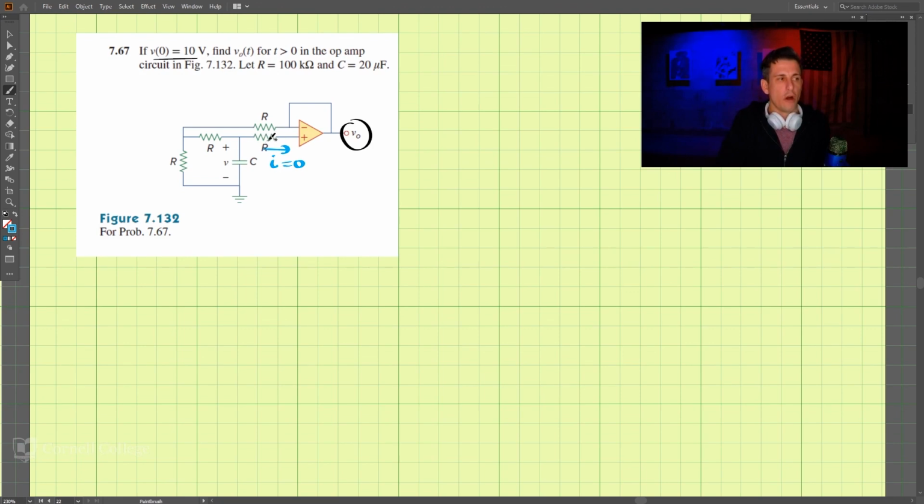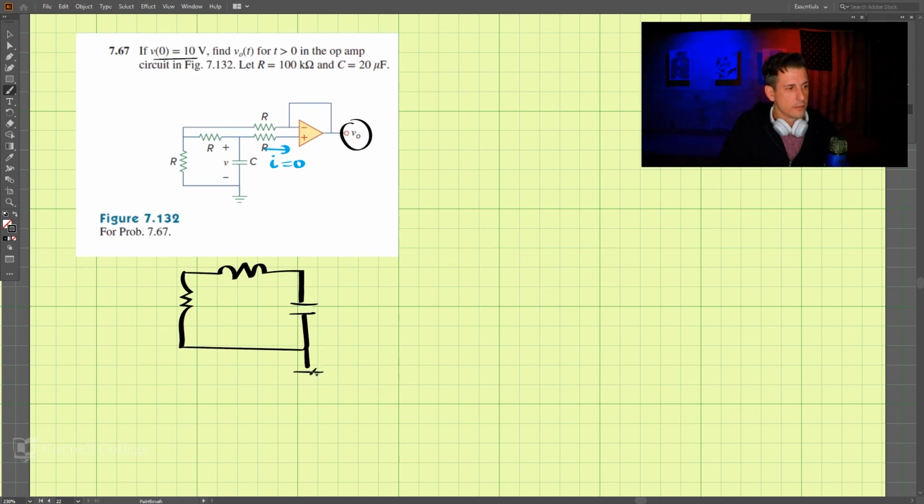So we can neglect this resistor here. We don't need to worry about it. So let's redraw this circuit. If we redraw this circuit, we have a resistor, another resistor, we have the capacitor, which is then connected to our 0 volts, ground, and then these run into our op amp.